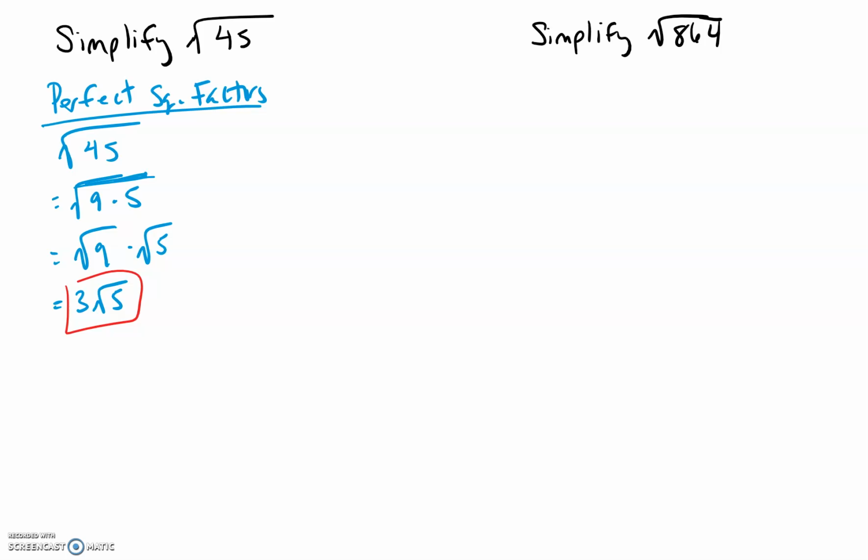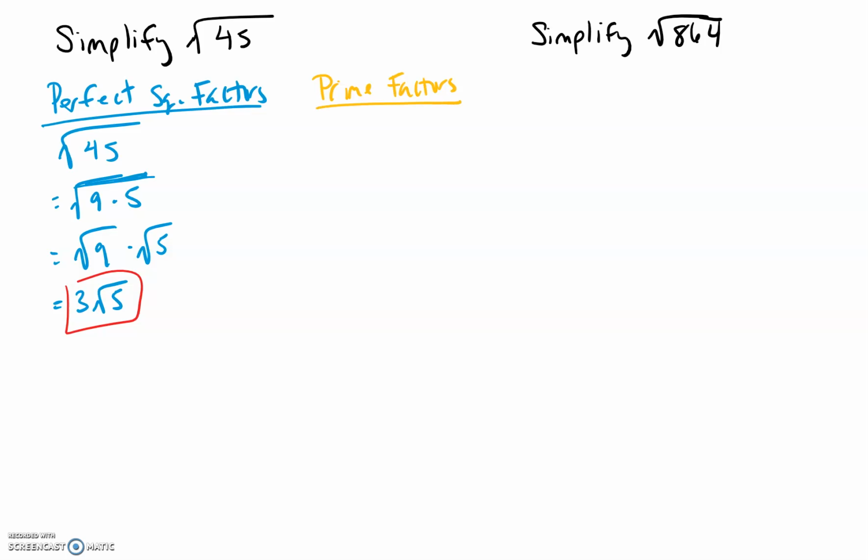Now, if you don't remember your perfect square factors, that's okay. If you don't remember 9 is a perfect square, because you're going in a rush, you can always do prime factorization. That could be making a factor tree or doing some division.